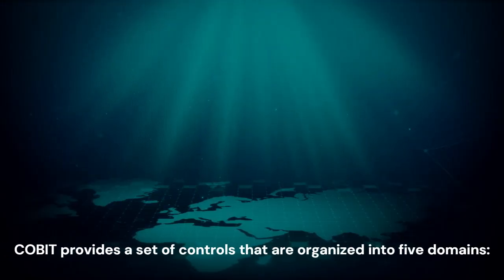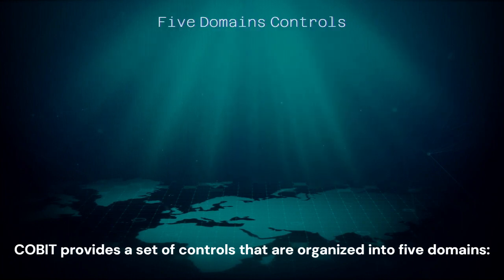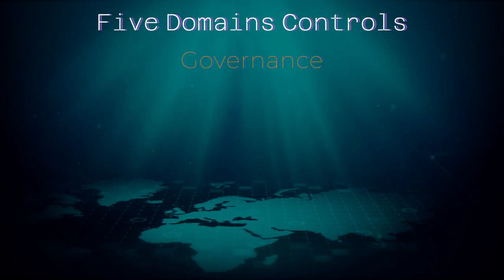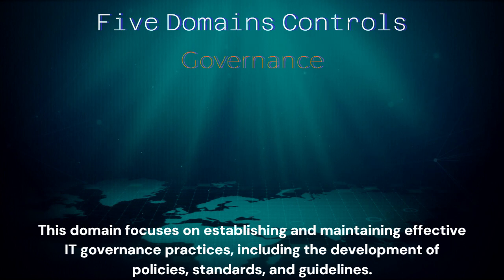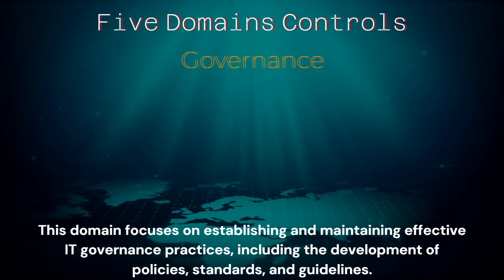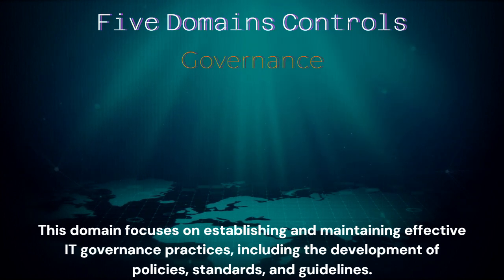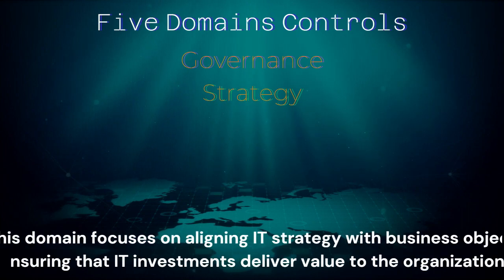COBIT provides a set of controls that are organized into 5 domains. Governance. This domain focuses on establishing and maintaining effective IT governance practices, including the development of policies, standards, and guidelines. Strategy.